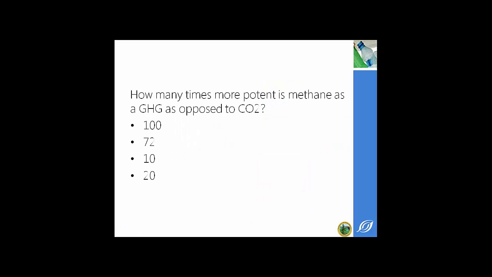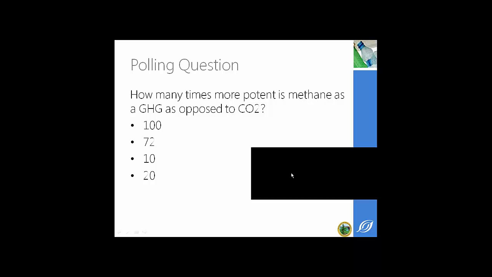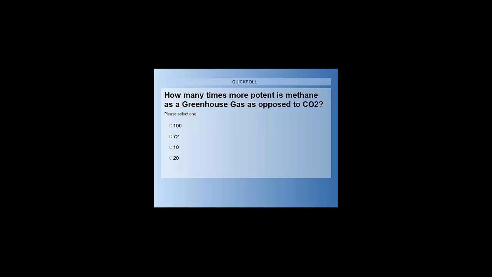Okay, one more last polling question before we move on to the next segment. How many times more potent is methane as a greenhouse gas as opposed to carbon dioxide? I'll launch this. All right, you should have your last poll of this section.